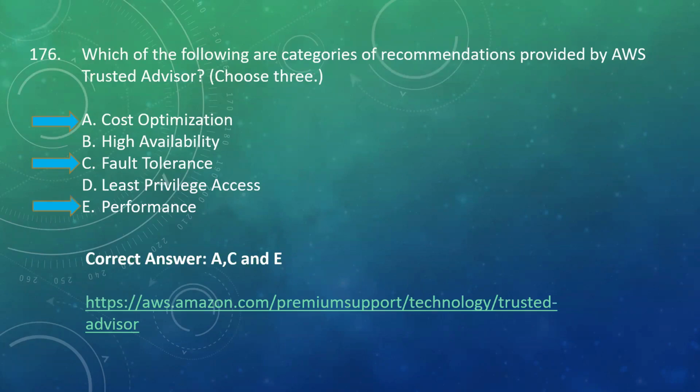Again, I have a link on my screen, which you can use to read about different types of recommendations that are made by AWS Trusted Advisor. Now, for the sake of this video, apart from these three, it also provides recommendations related to security and service quotas. So in total, it provides recommendations for 5 categories: cost optimization, fault tolerance, performance, security, and service quotas.